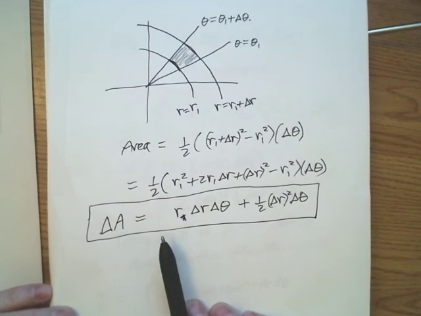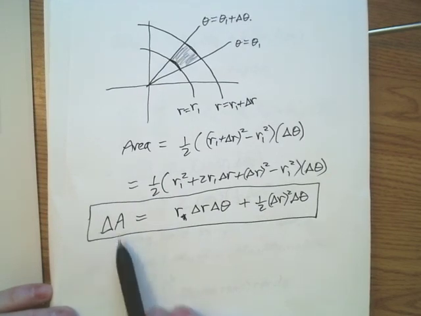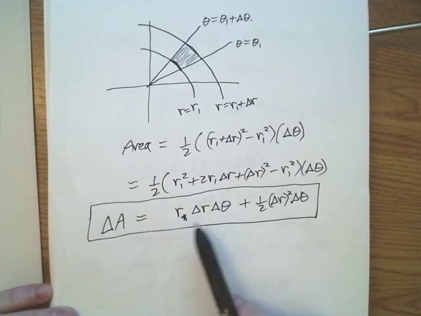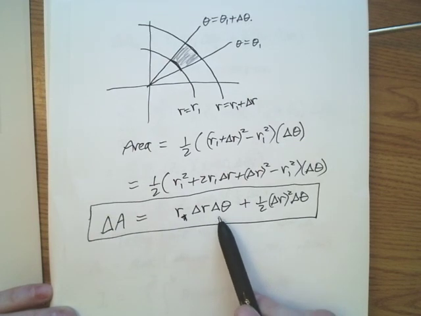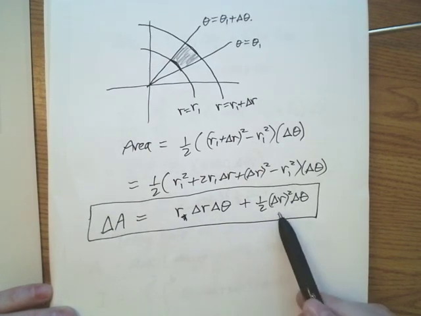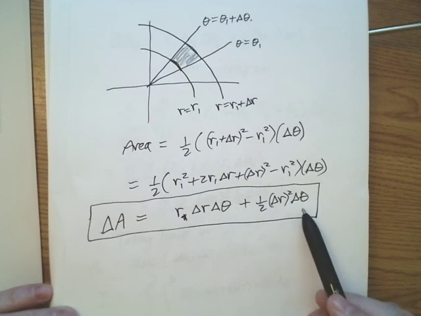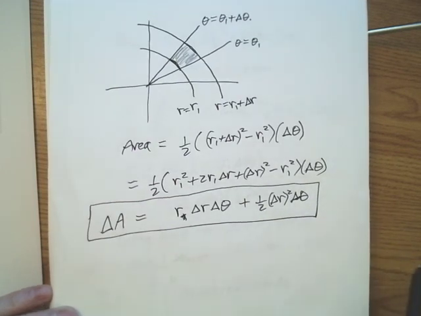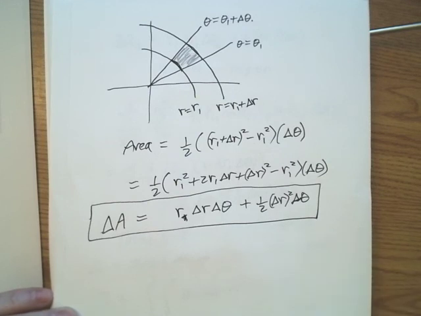Do you remember that we worked out that the area of that polar rectangle was r delta r delta theta plus 1/2 delta r squared delta theta? We already worked that out. You can look at the other video if you need to have that redone, but I've actually got that same page right here.